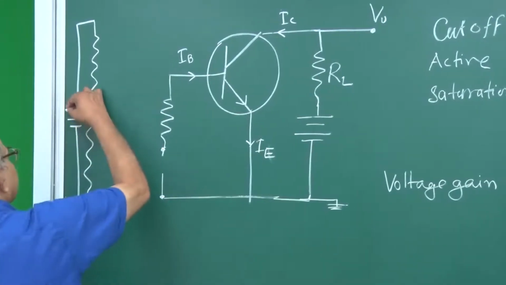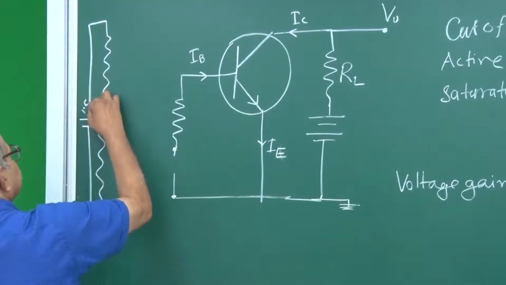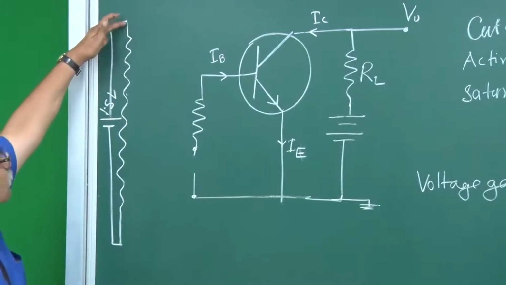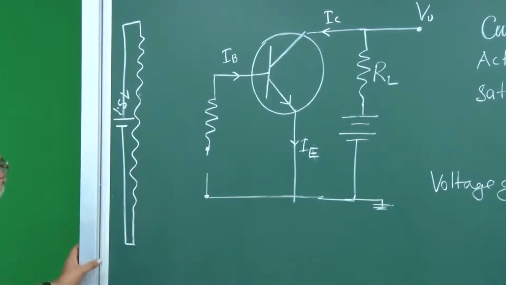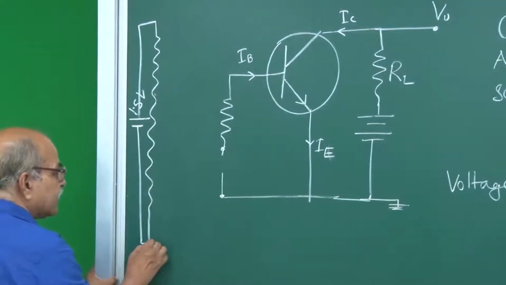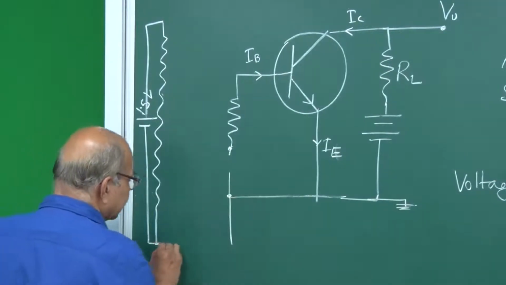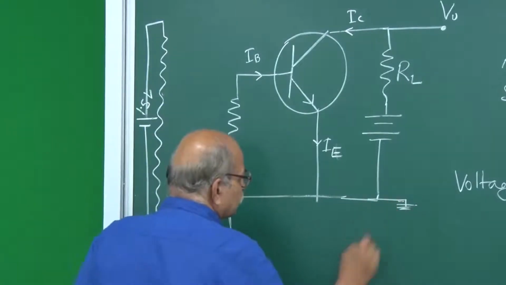So this is a 1.5 volt cell. The total drop from here to here is 1.5, and this negative we will take as the 0 potential. So this is actually connected to this ground.